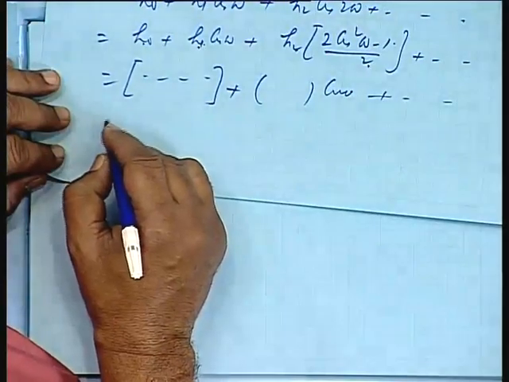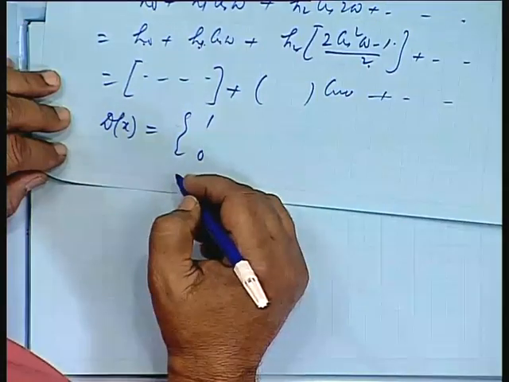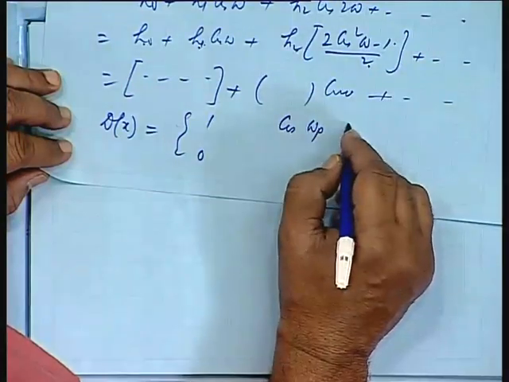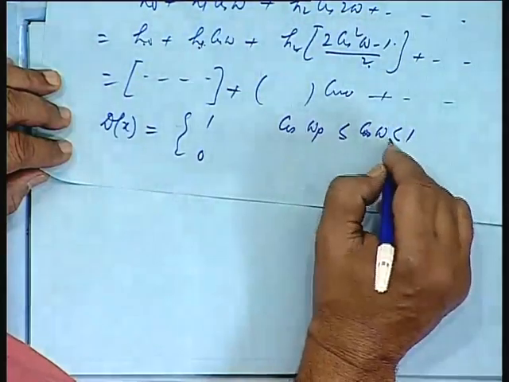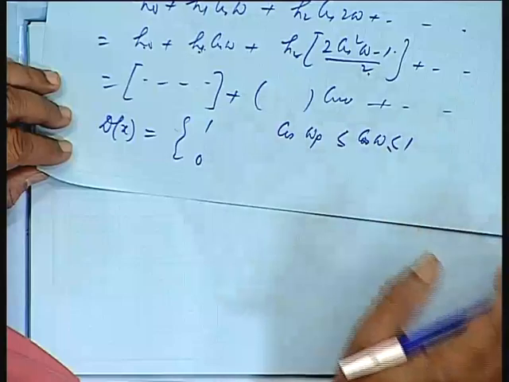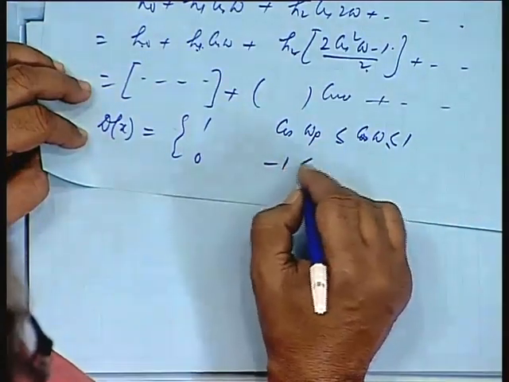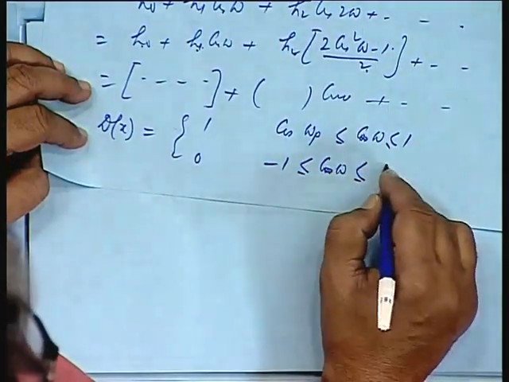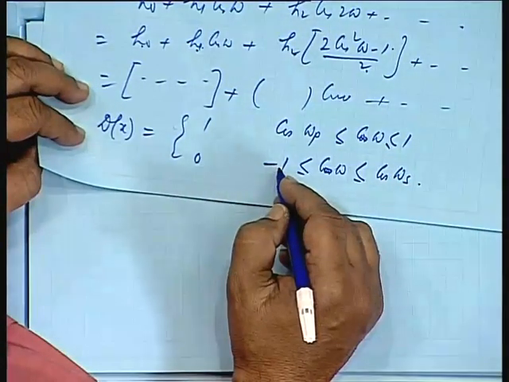So, Dx is equal to 1 and 0. We are making a plot, with cosine omega p, cosine omega s and 1. Now, we are trying to study Px, and this is minus 1, cosine omega. Why minus 1? Cos pi.